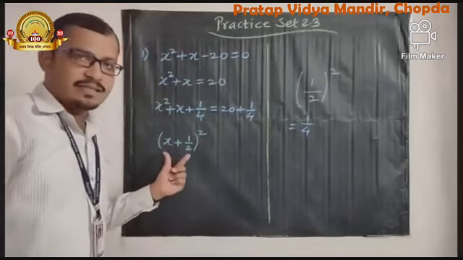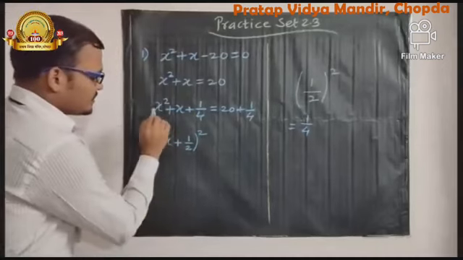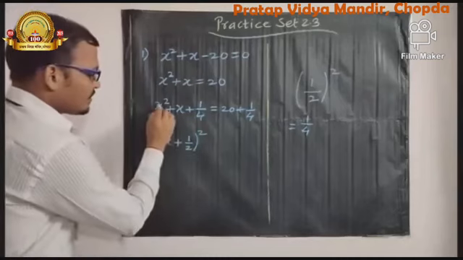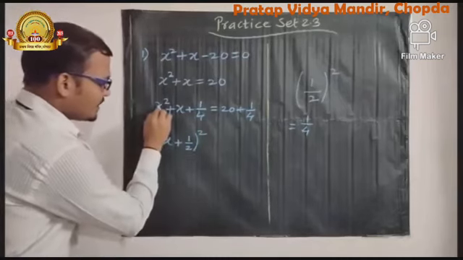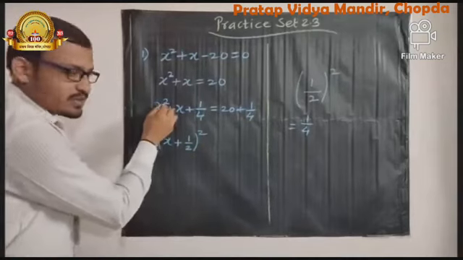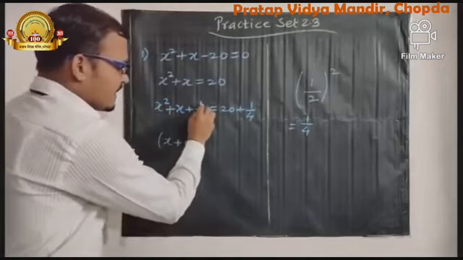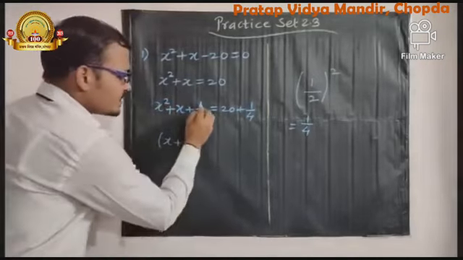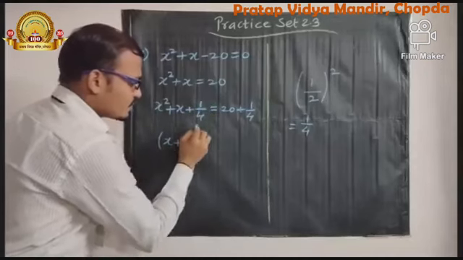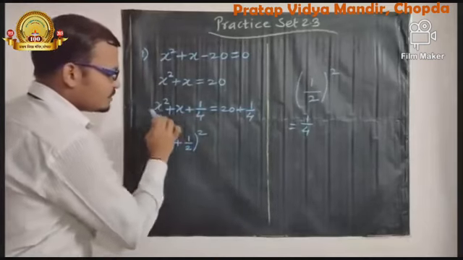How can I write this step easily? See, in the previous step we have x square, so take the square root of this first term, that is x. The square root of x square is x, so we write x here. Then the last term is 1 upon 4, take the square root of this term. Square root of 1 is 1, square root of 4 is 2, so that is 1 upon 2. And take the sign of the middle term.